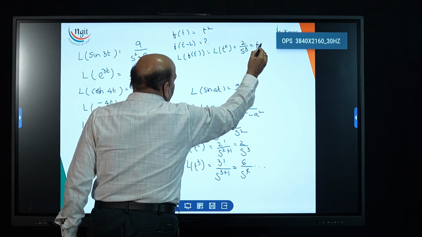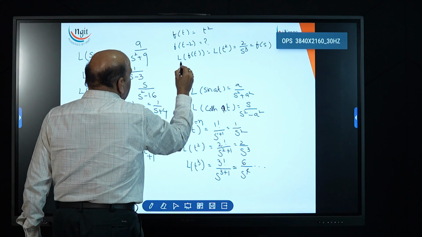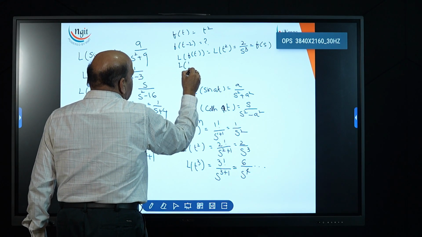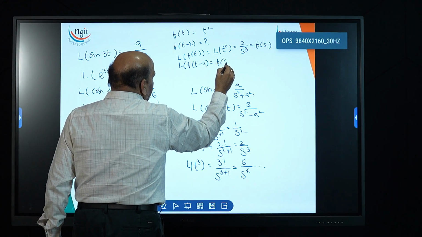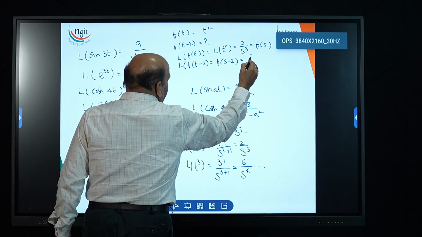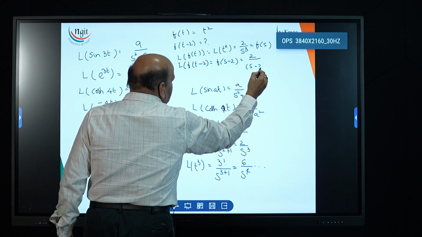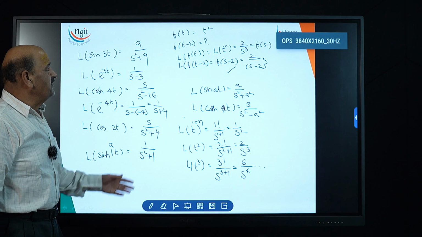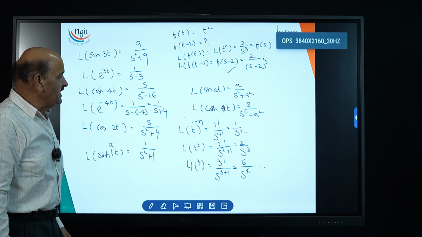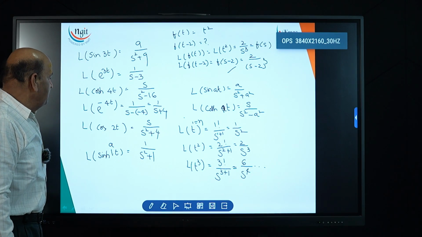This is equal to f of s. Now, in this place, what is the Laplace transformation of f of t minus 2? This will become f of s minus 2. Wherever there is s, keep s minus 2 whole cube. This is right shifting. Understanding? All these are right shifting methods.